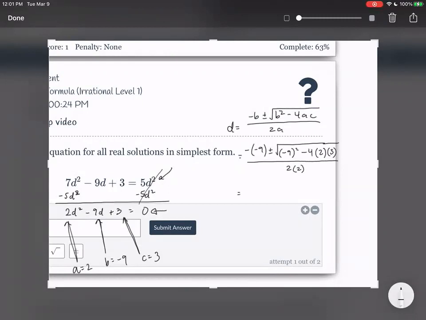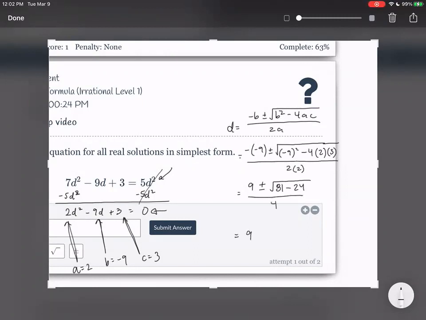So we'll have negative of negative 9, which is positive 9, plus or minus the square root of negative 9 squared is positive 81, because remember, a negative times a negative is a positive, so it's positive 81 minus 4 times 2 times 3, which is 24. All over 2 times 2 is 4.